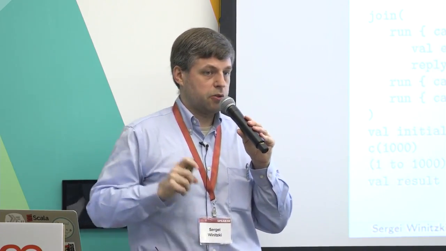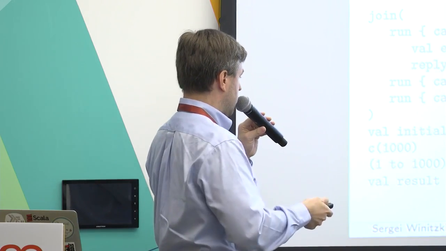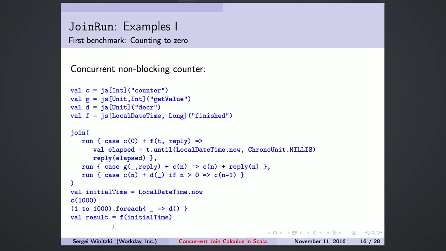And I then benchmark how long that takes using a blocking molecule F, which is kind of fetch the finished value. And the finished value is the time that the reaction ran. And then I can see how many reactions my library can schedule in a second, let's say. These are very, very short reactions that don't do much. So on a machine like this, I get about 100 to maybe 200,000 reactions per second.